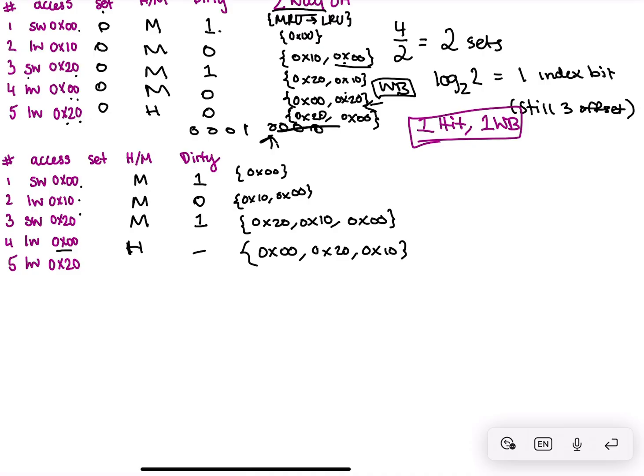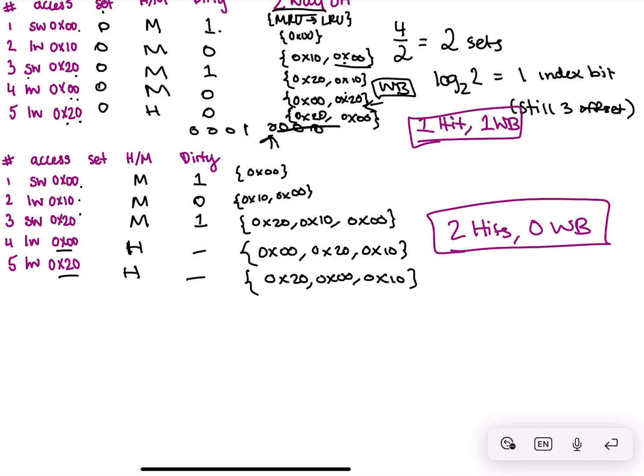And then the last one is that we hit. It's already there. And then now we put this at the top. Okay. So our final result is 2 hits, 0 writebacks.